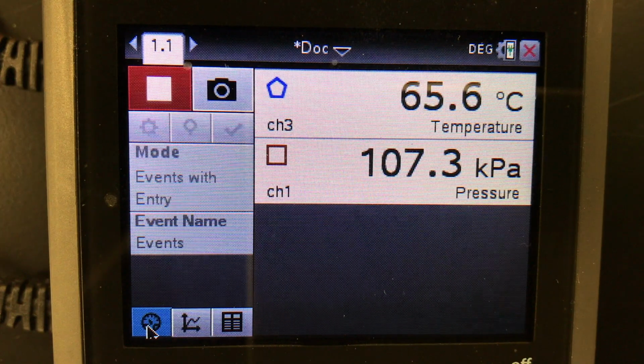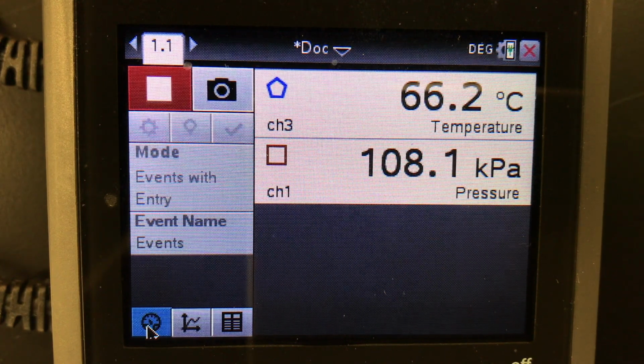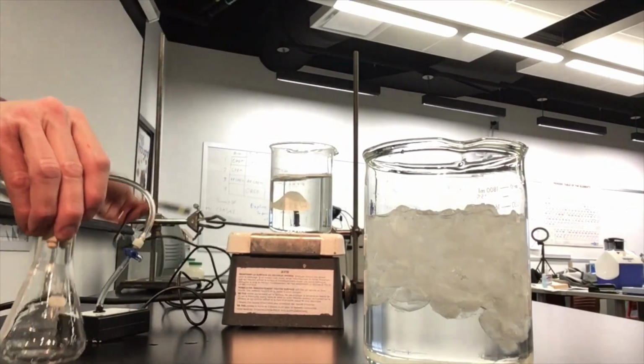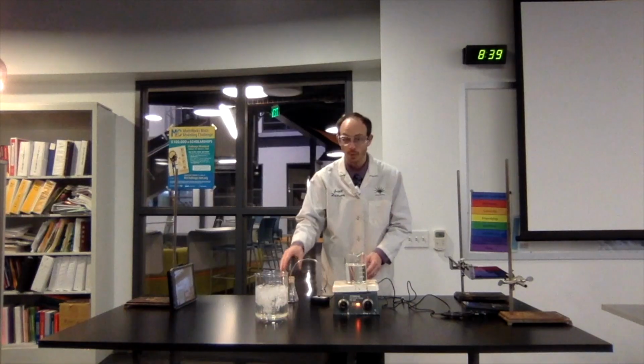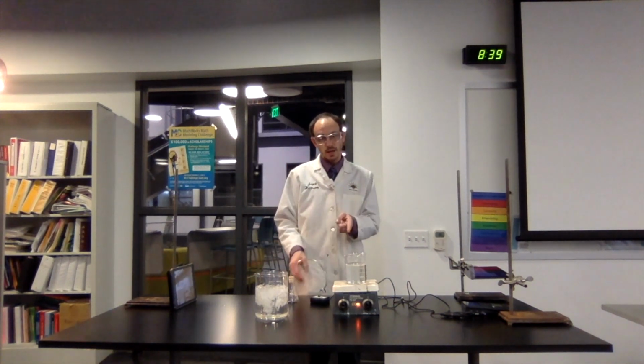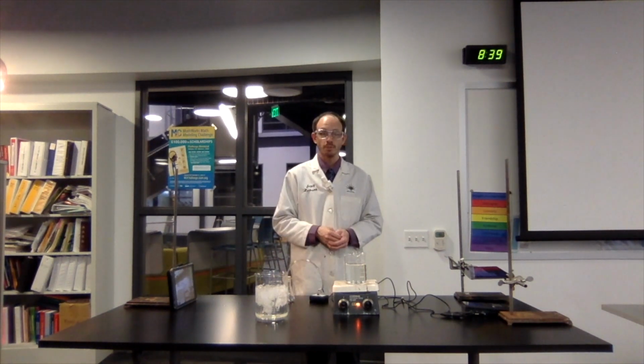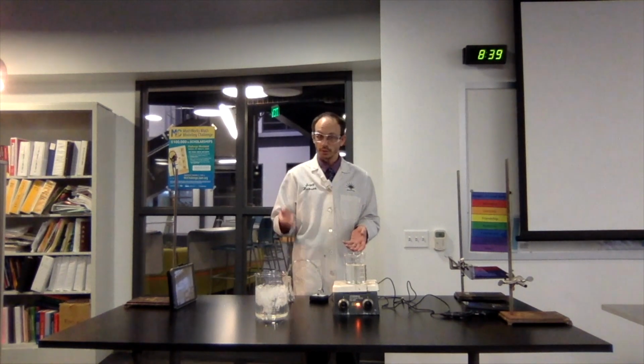And it looks like the thermometer has hit steady state at 66.2. All right, it's because the hot plate's still on. But let's take this as our data point. 108.1 kPa and 66.5 degrees C. So there was a room temperature, cold water bath, and a hot water bath. Now you can graph that and see if you can find the relationship between pressure and temperature.